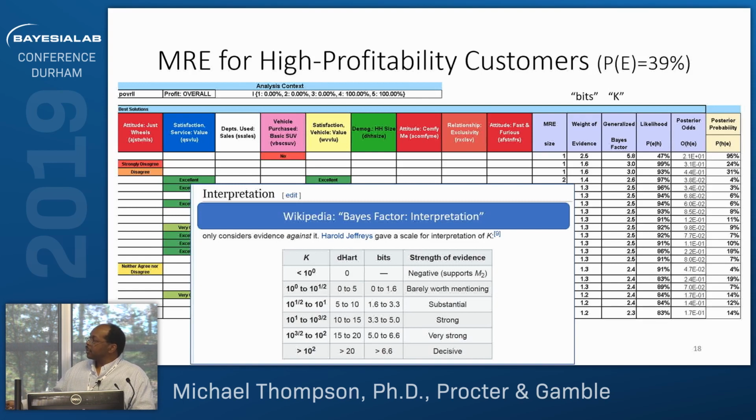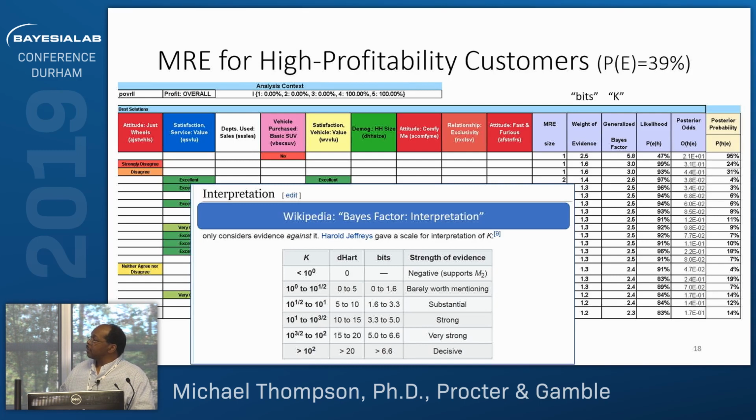As the table shows with bits and the K, this is the Bayes factor level. Bits is the weight of evidence in log base 2. And weight of evidence here is reported in log base 2. And the Bayes factor here.